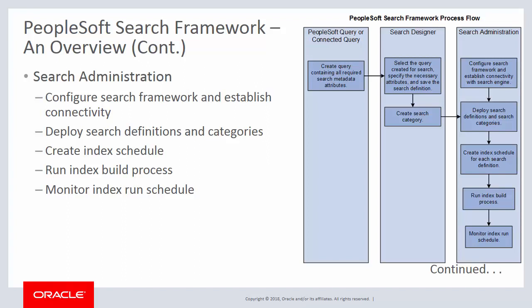Alternatively, you can use the schedule search index task under Administration to build an index. On this page, you need to manually create the run control IDs with the necessary indexing type of full index or incremental index. PeopleTools 856 Search Technology Online Help contains detailed description on building search indexes in the Working with Search Indexes topic.